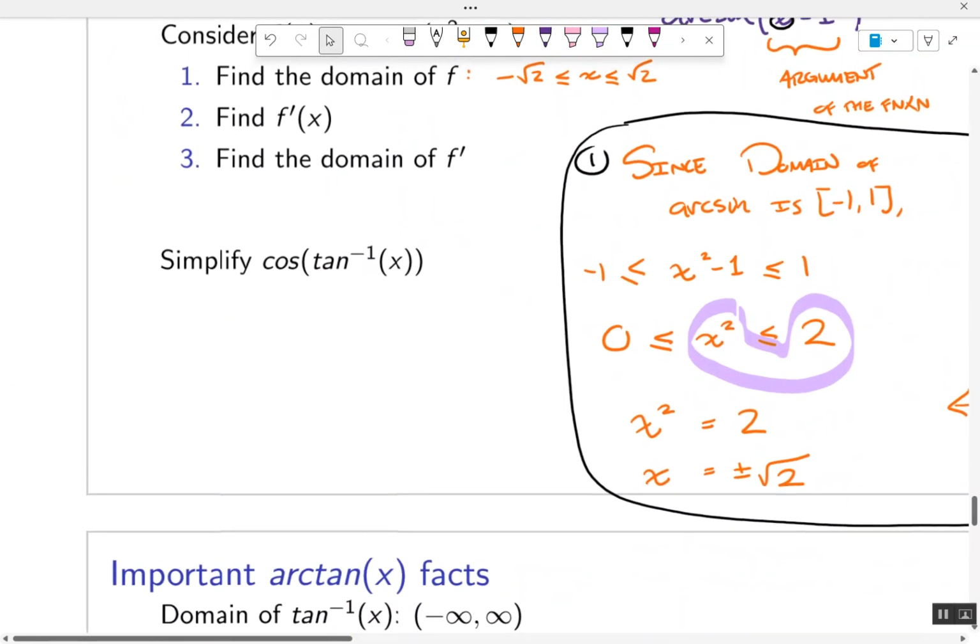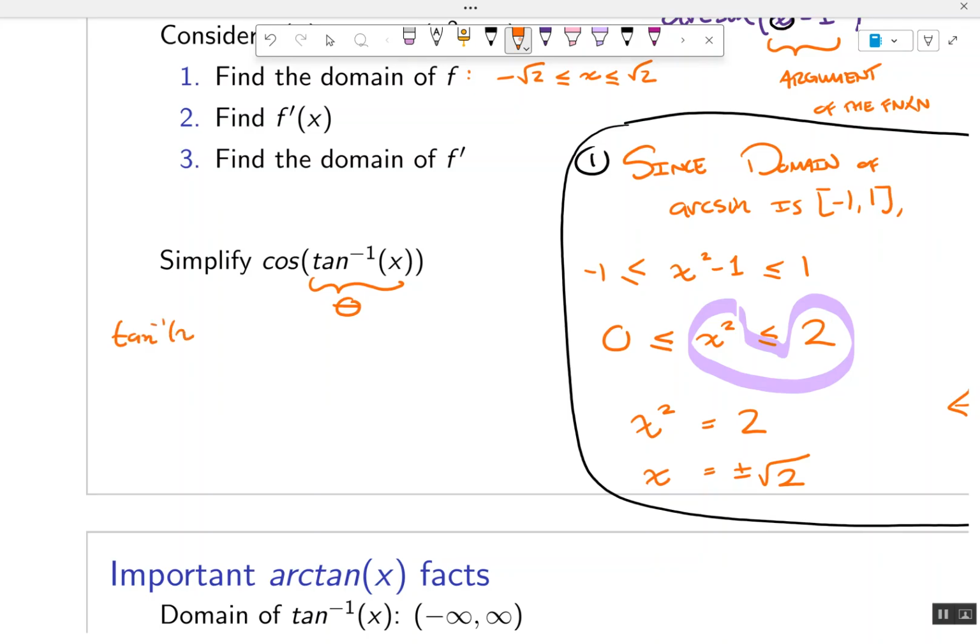Simplify cosine of tangent inverse of x. Okay, this is an angle measure, so that means tangent inverse of x is an angle measure. I can say that tangent of that angle is x. We're going to do the right triangle trick. There's my angle. Tangent is opposite over adjacent. So then the Pythagorean theorem tells me that 1 squared plus x squared is the hypotenuse squared.